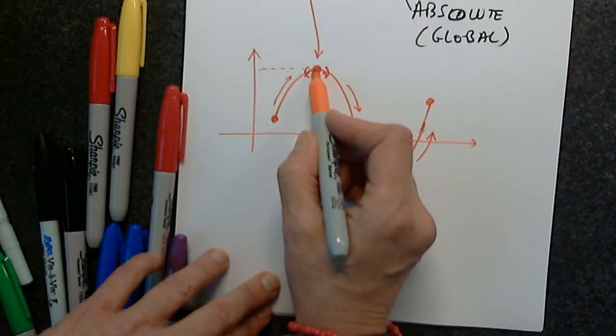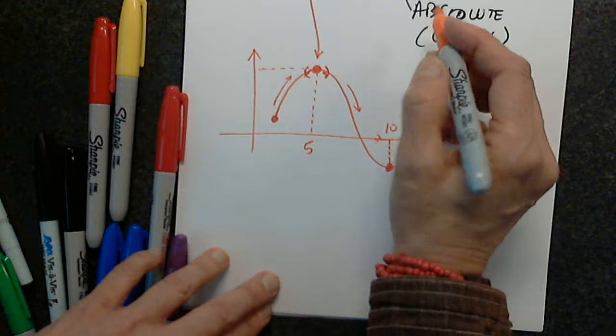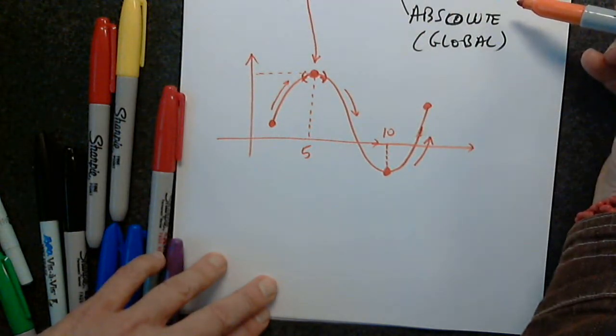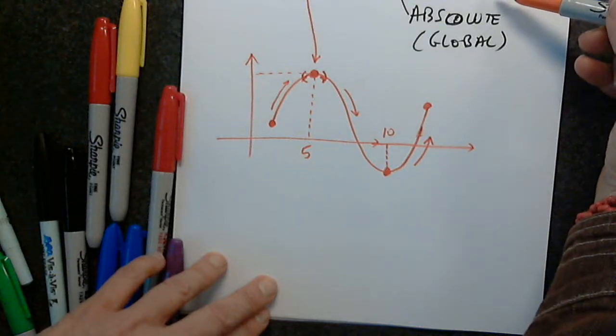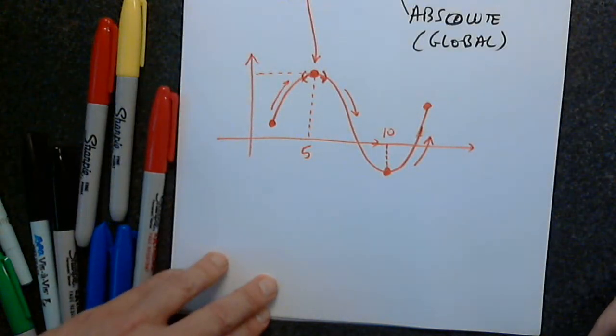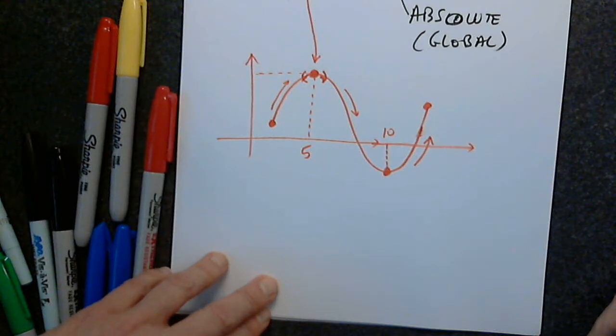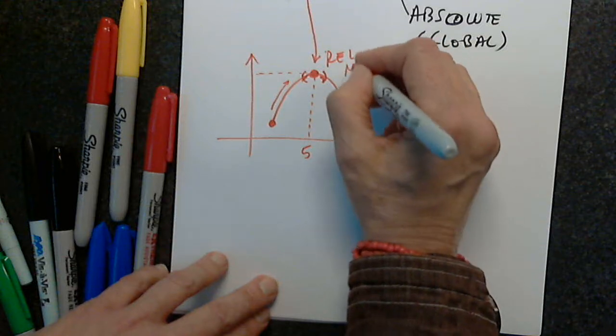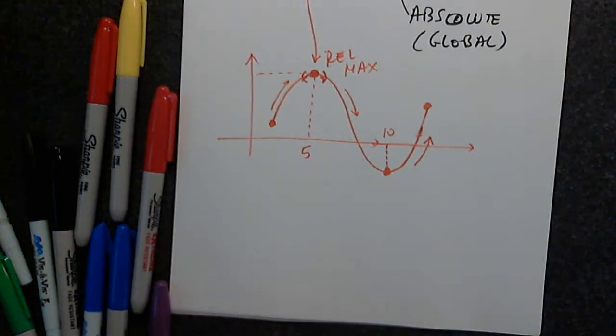They have a lower height than this one. So you want to use relative or local? It doesn't matter. They're both used interchangeably. You prefer relative or local? Relative, okay. So this is a relative max.